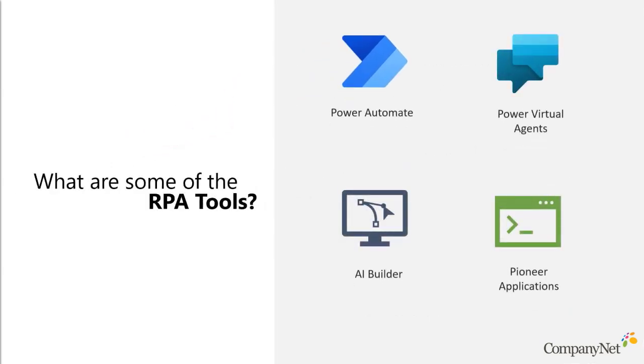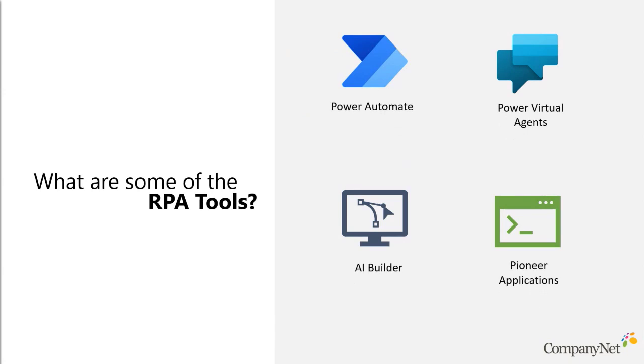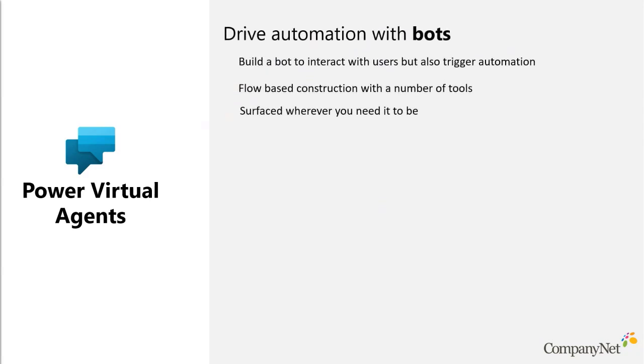The next tool we'll look at is Power Virtual Agents. Now, Power Virtual Agents drive automation with bots. I mean, they're not specifically built to be an automation engine. But what you can do with them is have a conversation with this bot, you can interact with it, just by a trigger action or a trigger conversation text.